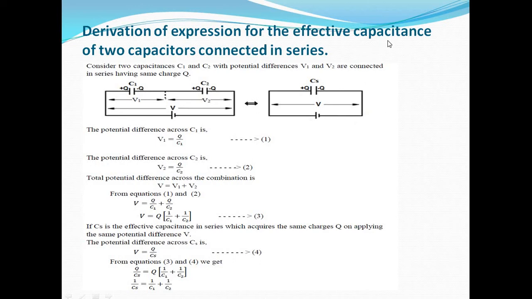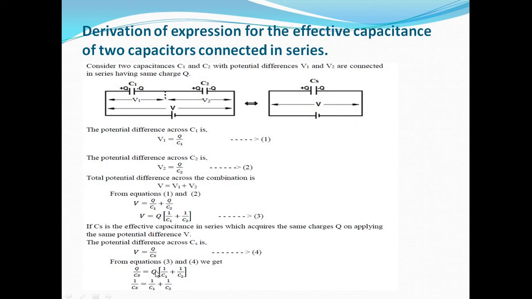Okay, students? Now, what is V here? V is equal to the total charge divided by the equivalent capacitance CS. Here V1 is equal to Q by C1, V2 is equal to Q by C2. Similarly, here V is equal to Q by CS. So, this V is equal to the total potential difference. Substitute V now. What happens here? V is equal to Q by CS.